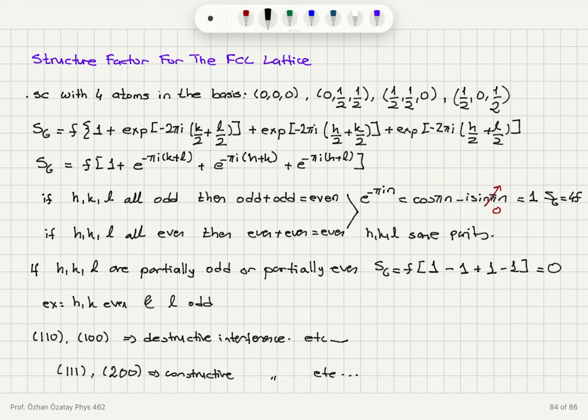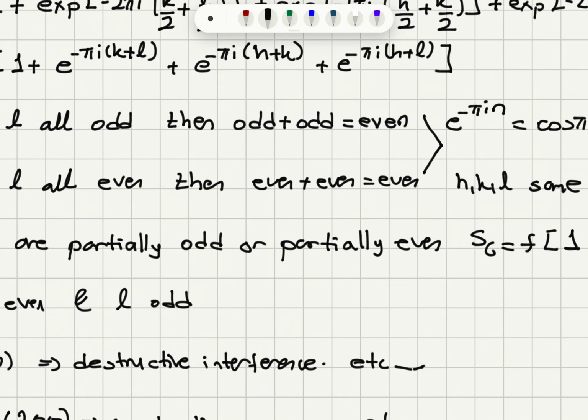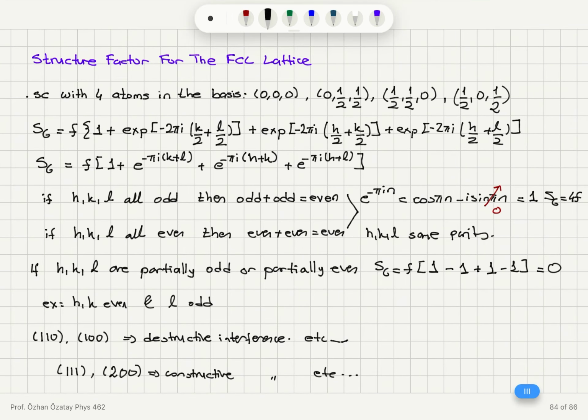If h, k, l are partially odd or partially even, so if they don't have the same parity, for example, h and k are even and l is odd, what happens?